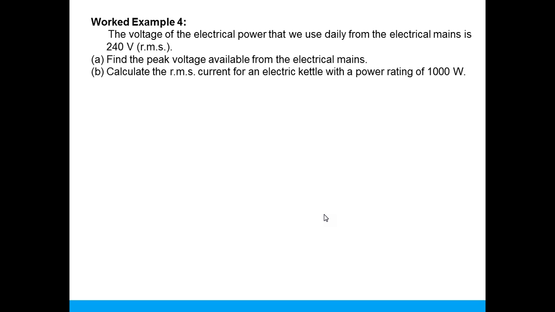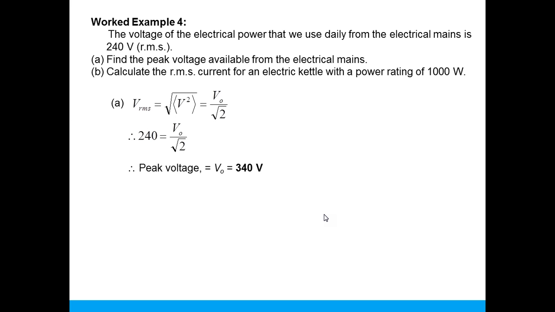We are asked to find the peak voltage available from these electrical mains, and to calculate the root mean square current for an electrical kettle with a power rating of 1000 watts. The root mean square voltage is simply V0 over square root 2, and hence the peak voltage V0 is 240 multiplied by square root 2. We get V0 equals 340 volts.